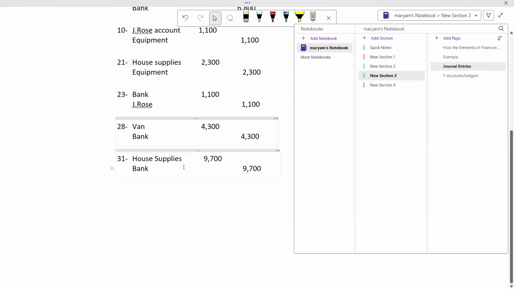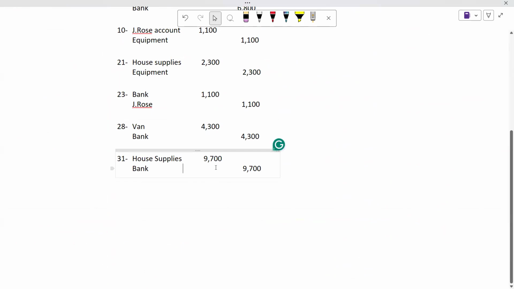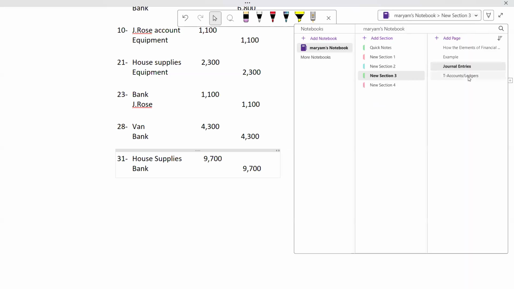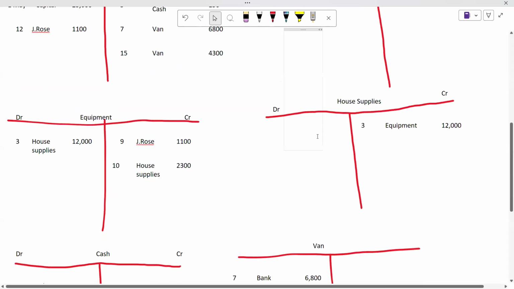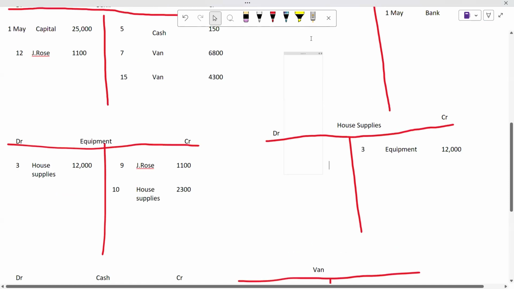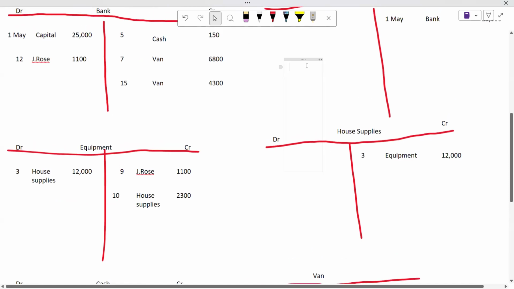The last one, it's the house supplies being debited for 97 and bank being credited for 97. So we have got both of these accounts. So we're just going to put in the value. It's simple. House supplies debited here for 9,700, reason being bank.